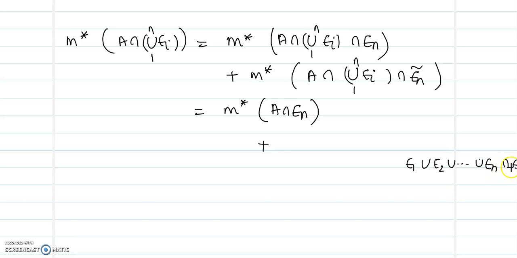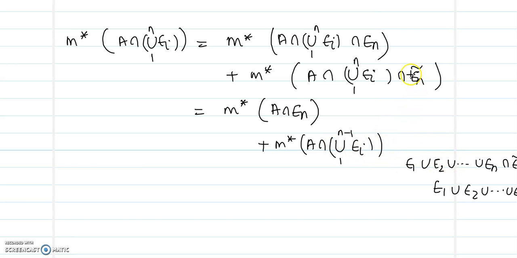intersection En complement. So En intersection En complement will be phi. അപ്പോൾ അത് ഈ union ന്റെ കൂടെ എടുക്കുമ്പോൾ നമുക്ക് കിട്ടാൻ പോകുന്നത് E1 union E2 union En minus 1 ആയിരിക്കും. So the second term will reduce to m star of A intersection union 1 to n minus 1 Ei. Okay.